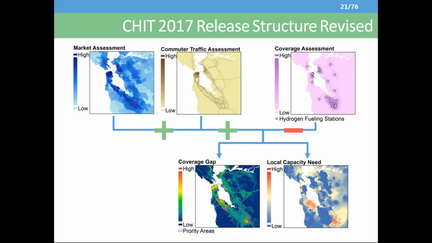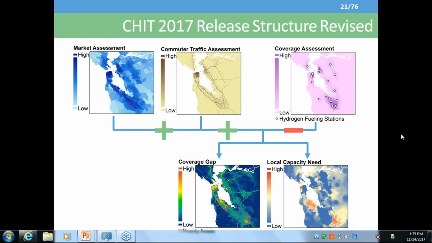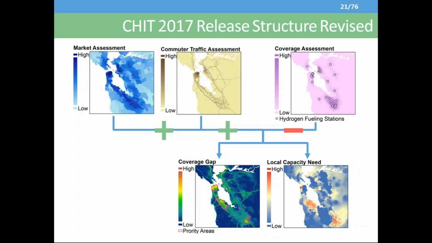We just recently saw a picture like this for the 2015 version. The 2017 version now has, again, that market assessment, but then it also adds in the commuter traffic assessment. So where those are high, that means you're going to have a high coverage gap and you're going to want to put in a new station. But then where you already have existing coverage, that decreases your need.